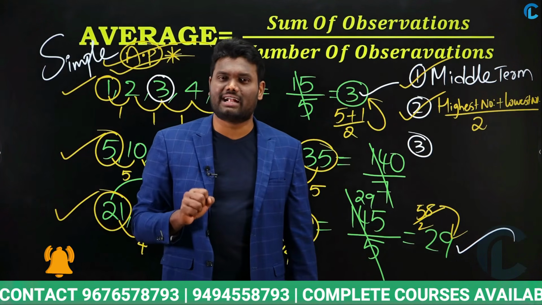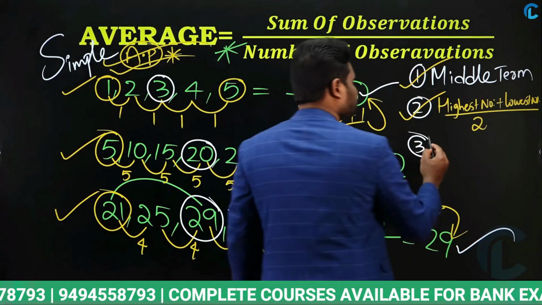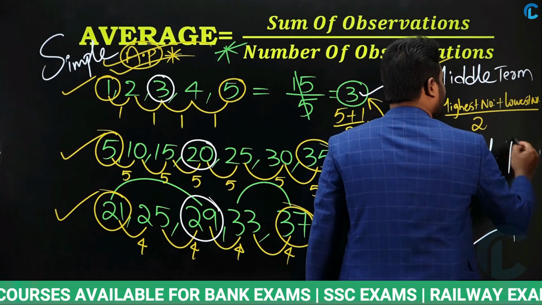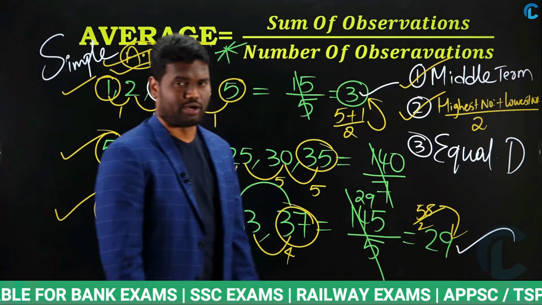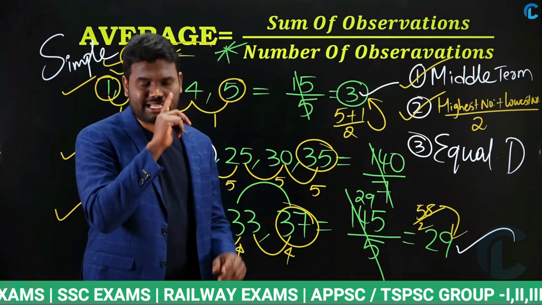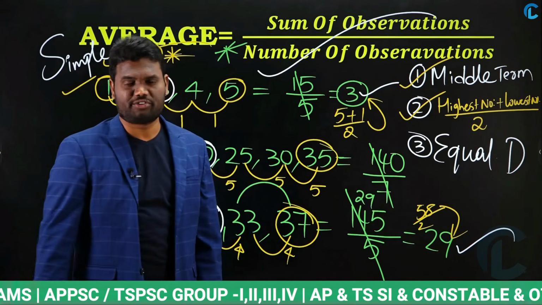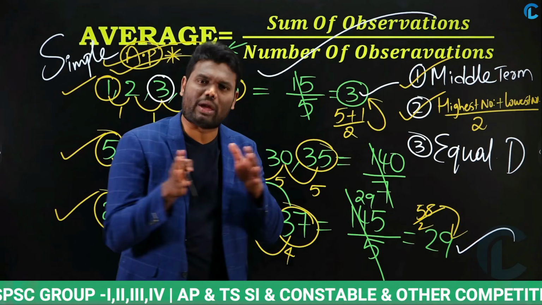So I can simply say that average is nothing but equal distribution. This is very, very important. Average is also the sum of observations divided by the number of observations. This definition is known to everyone.